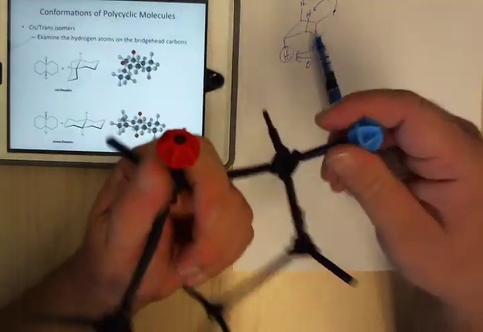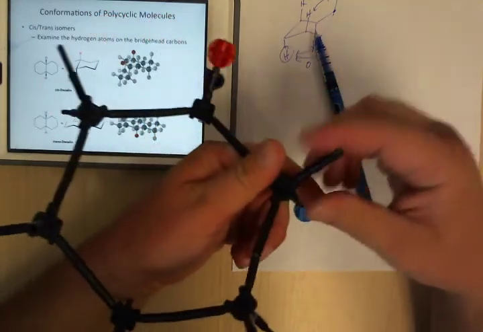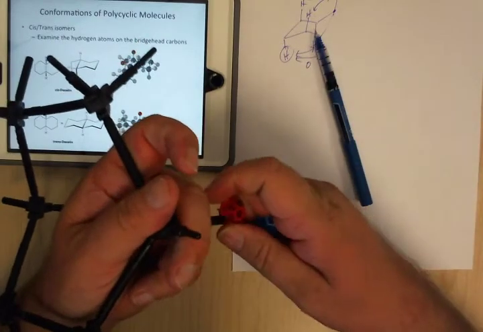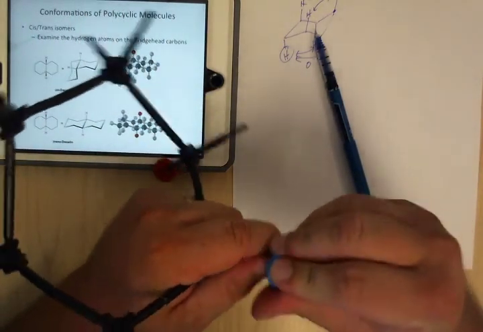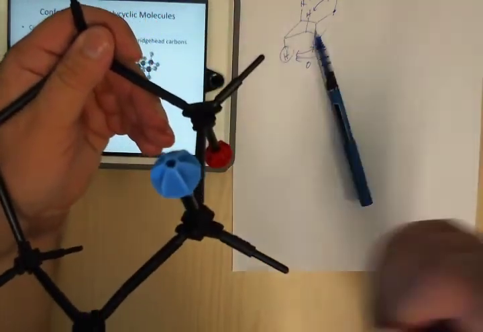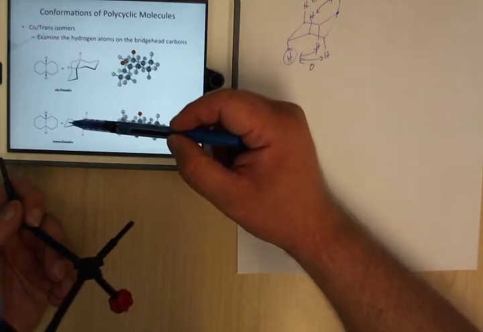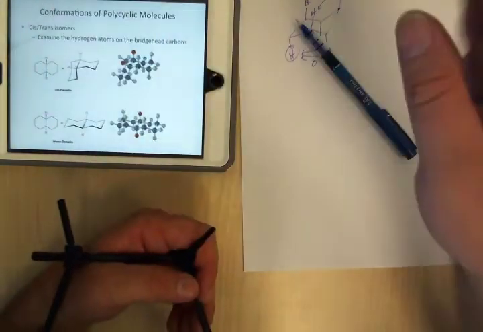The other way would be if the hydrogens were trans. It would actually be in the axial position, so it would come out here. So the trans decalin is much flatter, and the cis decalin is more curved.